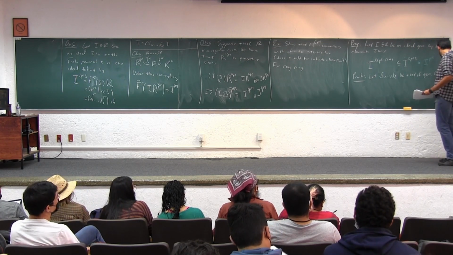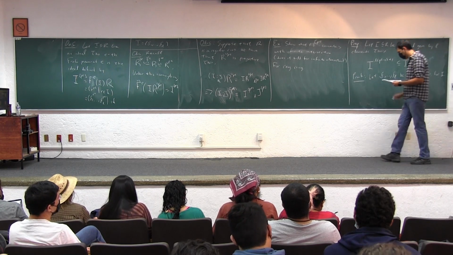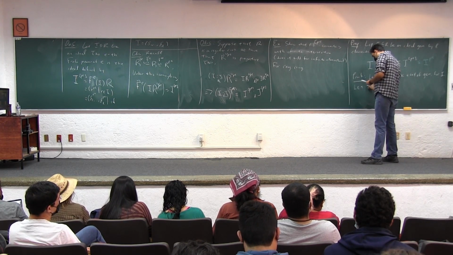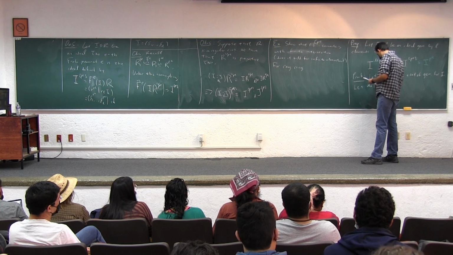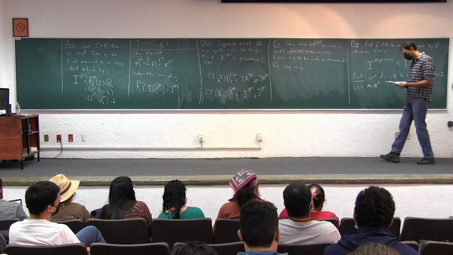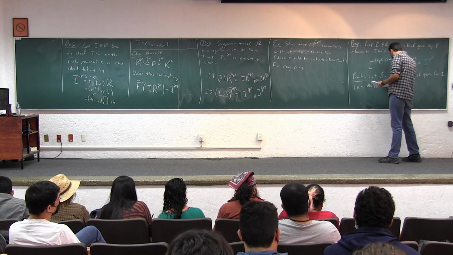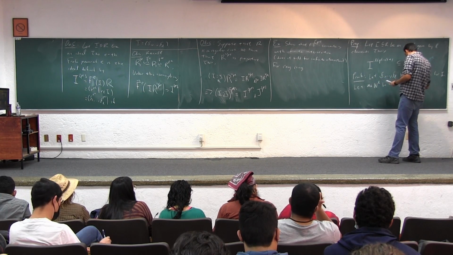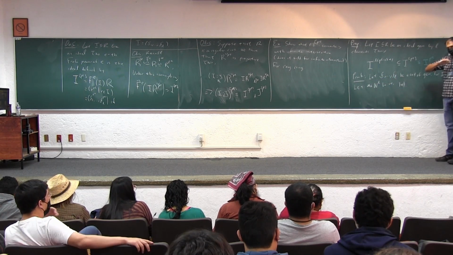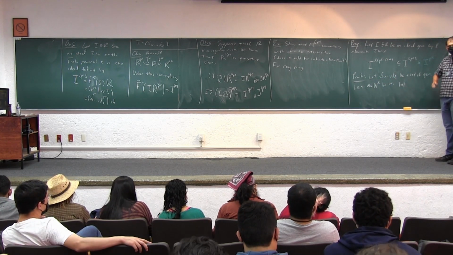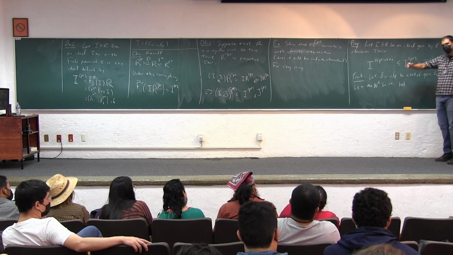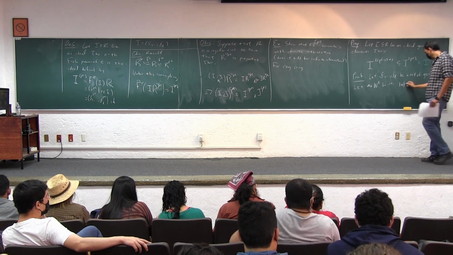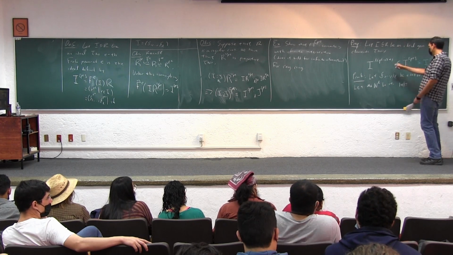And then let alpha be an exponent such that its length, and by length I mean the sum of all the entries, alpha_1 plus dot dot dot plus alpha_l, is equal to this exponent.